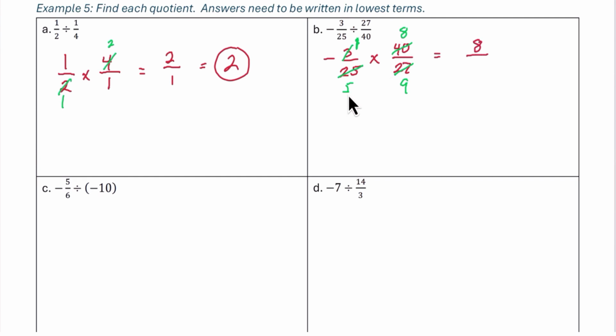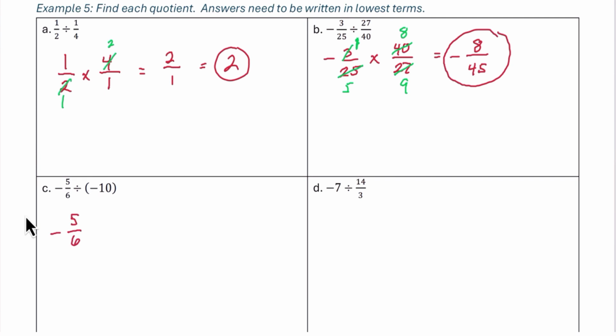Divided by 5 times 9 is 45. Then look at the signs. We have a negative times a positive, which is a negative. So our final quotient, since we're actually doing division initially, is -8/45.